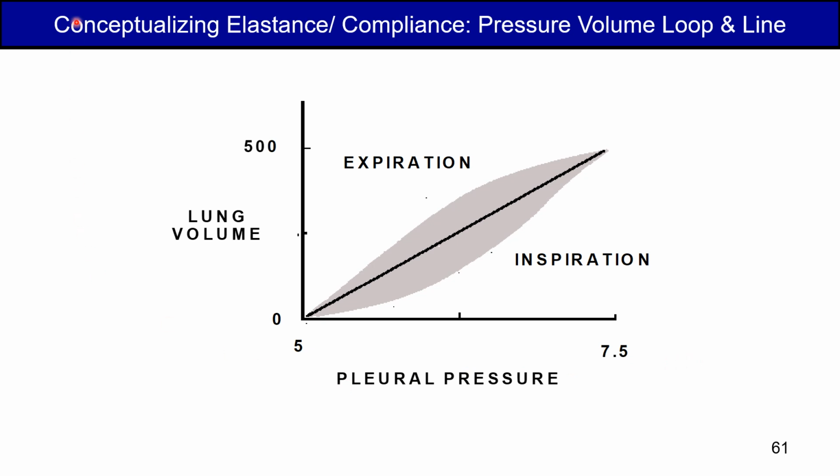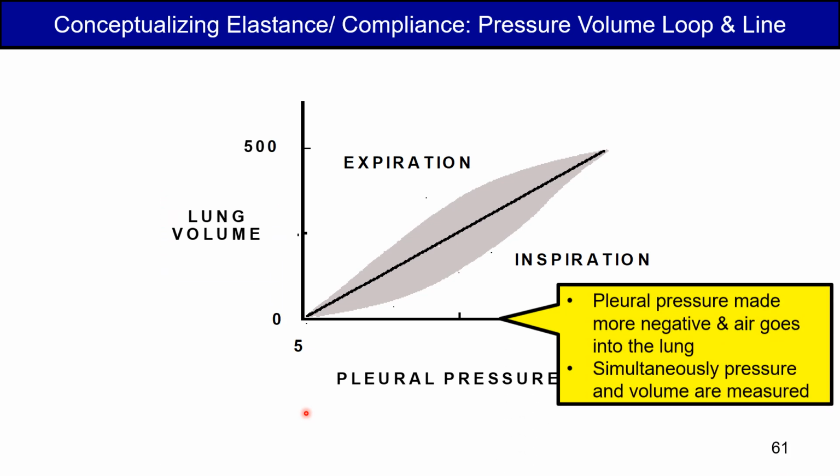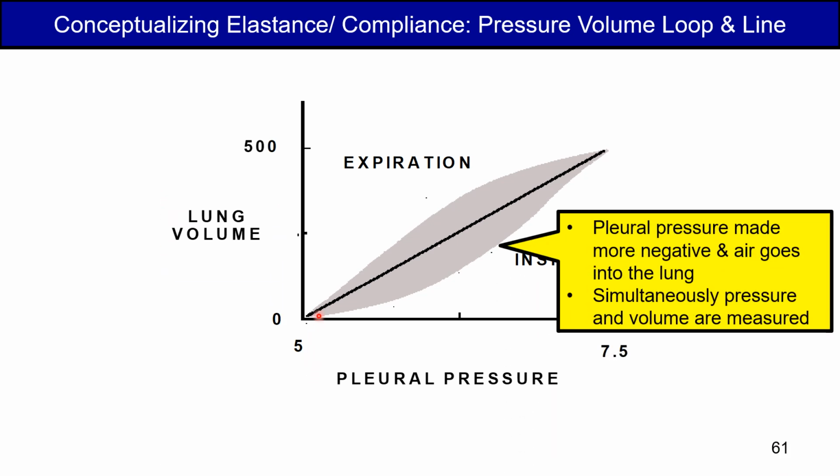Now let us conceptualize elastance and compliance with the pressure volume loop or line. In the x-axis is pleural pressure and the y-axis is volume. During this part of the loop, the pleural pressure is made more negative and air goes into the lungs.